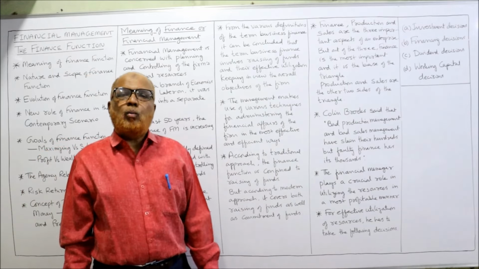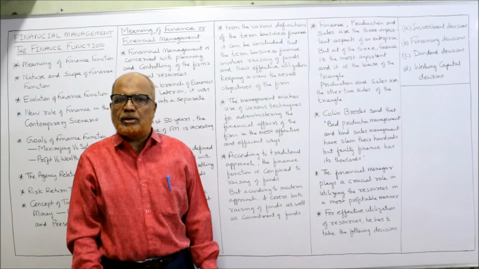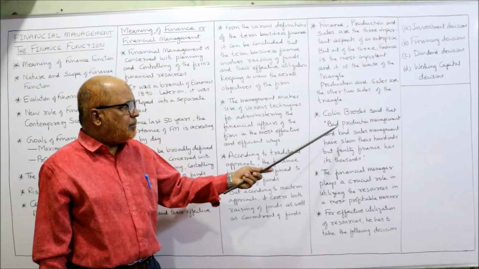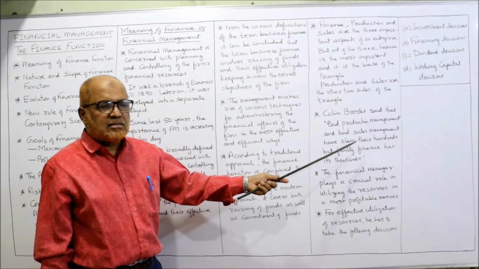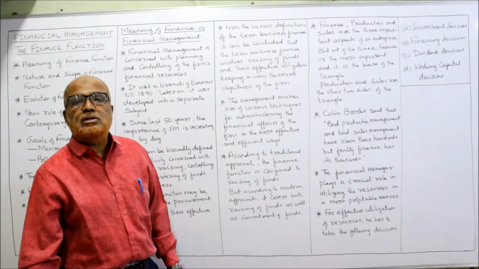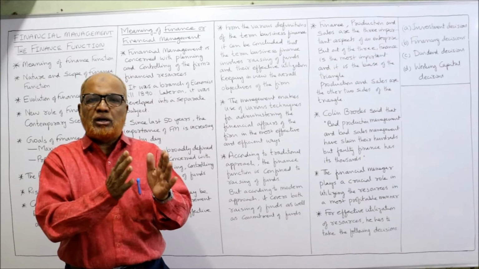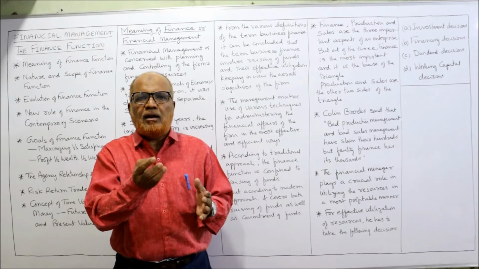Colin Brook, one author, has given the importance of financial management. He says bad production management and bad sales management have slain their hundreds, but faulty finance has its thousands. That means if a mistake is done in production or sales department, the losses may be in hundreds.